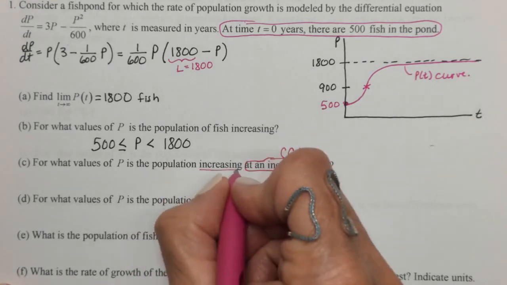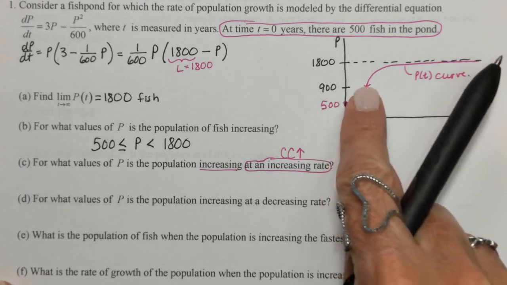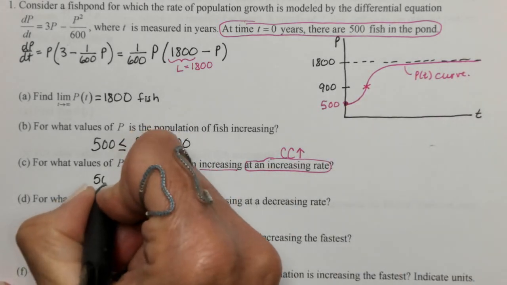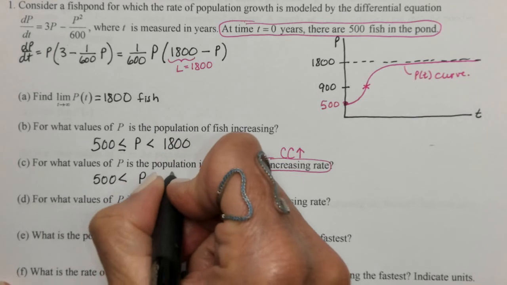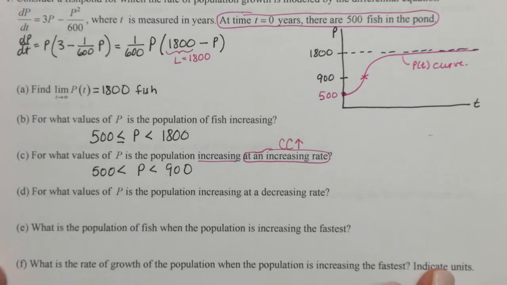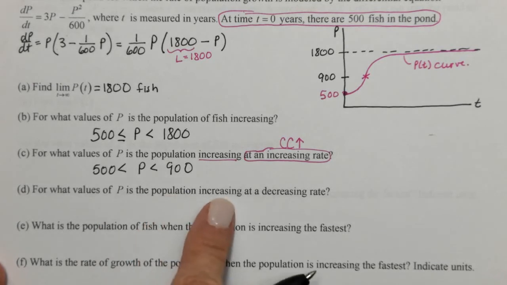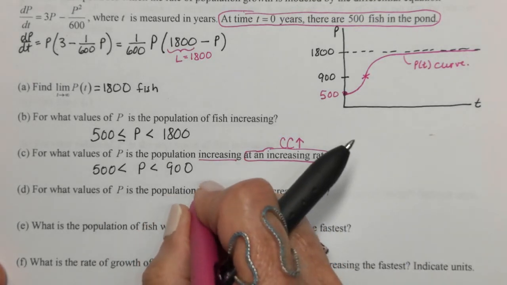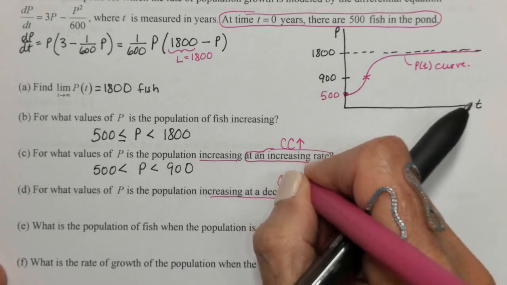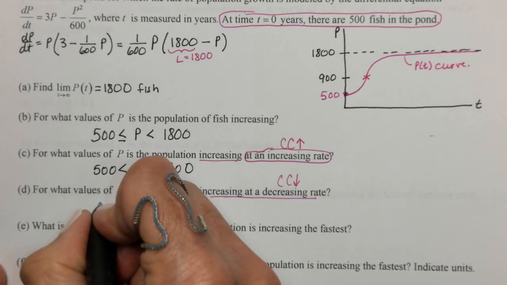So that's this section here, from 500 to 900, and for concavity we do not include endpoints ever. For what values of P is the population increasing at a decreasing rate? Well, that's going to be when we're increasing but concave down. So that's going to be from 900 up to 1800.